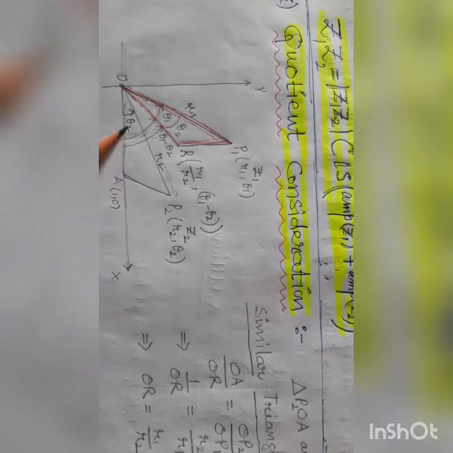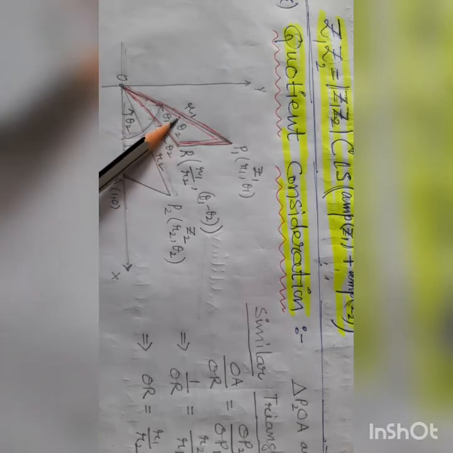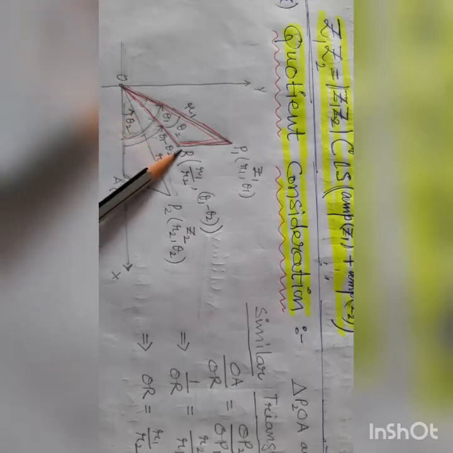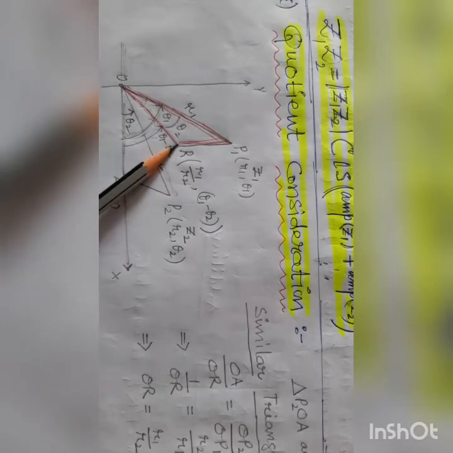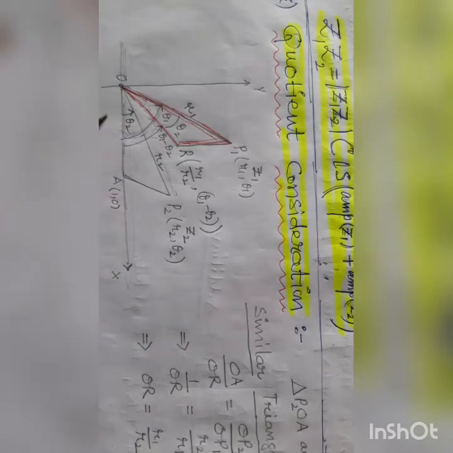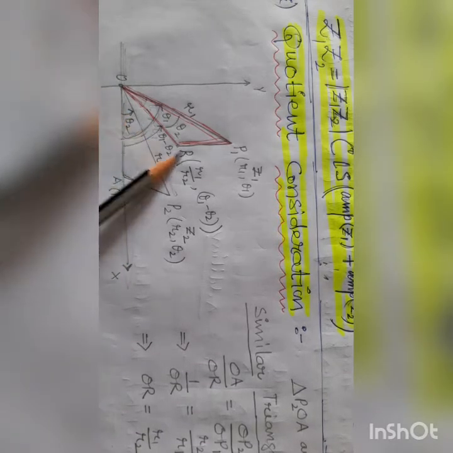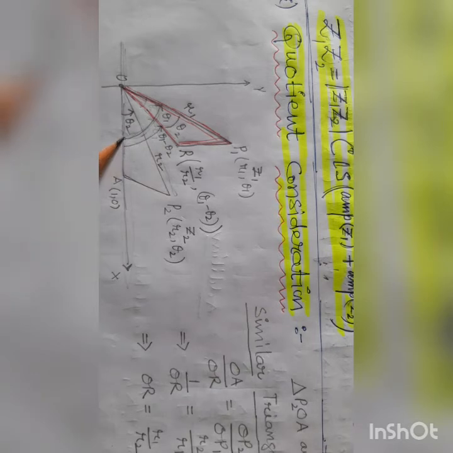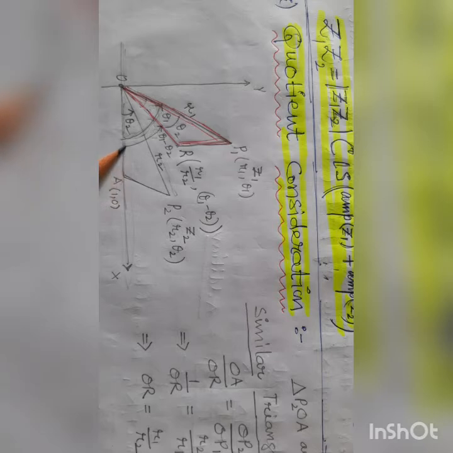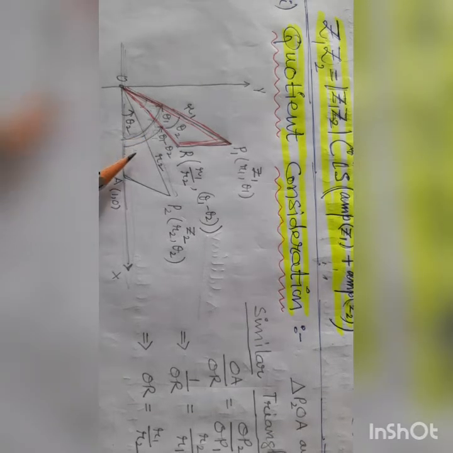Because this is theta 2, as in similar triangles, internally this part is theta 2. And the angle made by OR with the real axis, how is it? It is theta 1 minus theta 2.